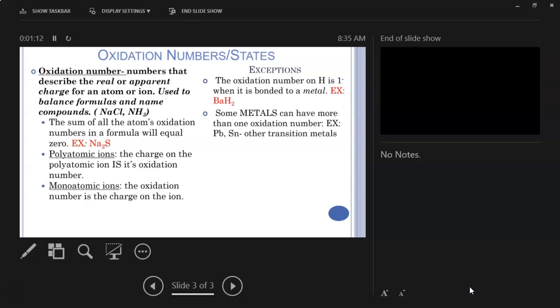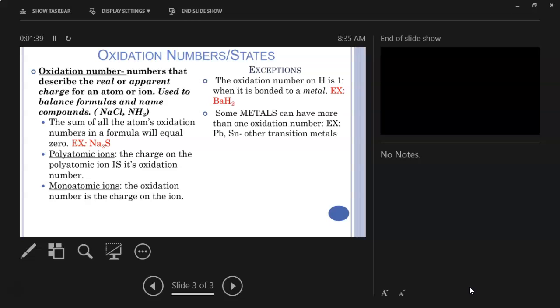So grab your periodic table once you're done writing, and let's start with lead and tin. Lead and tin are found in group 14, so you would normally think that its oxidation number might be +4 or -4, and sometimes it is. But if you look at tin, Sn, there's two small numbers right above it.